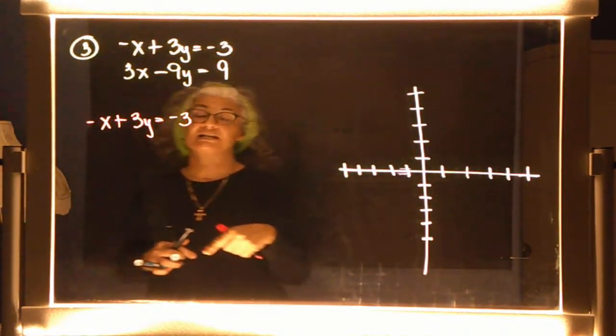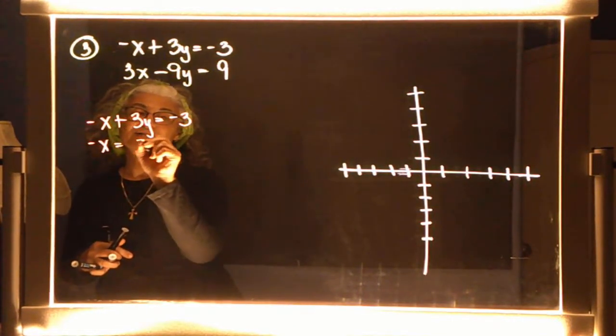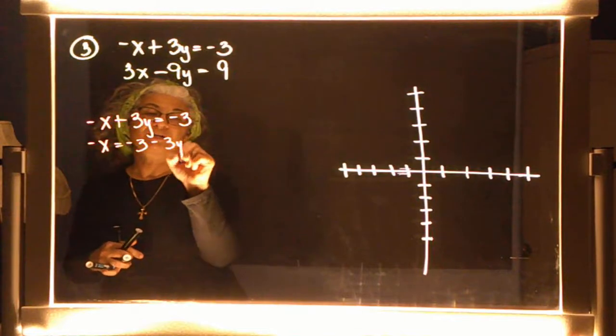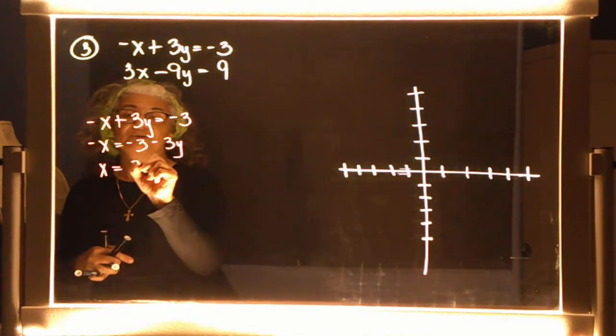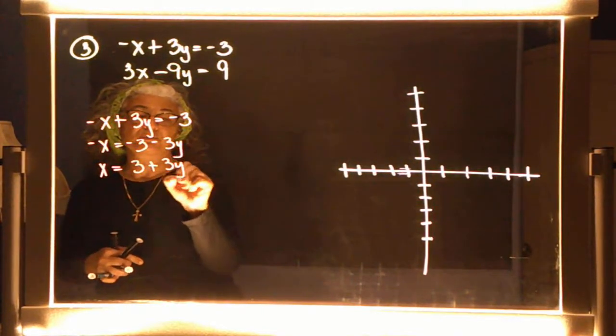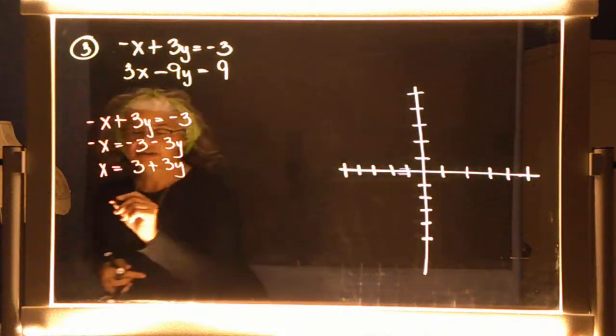So I'm going to get the x by itself. Why? Because all I got to do to get the x by itself is multiply by a -1. Agreed? So then I'd have x equals positive 3 plus 3y. Is that agreeable? All right. I'm going to make a table.